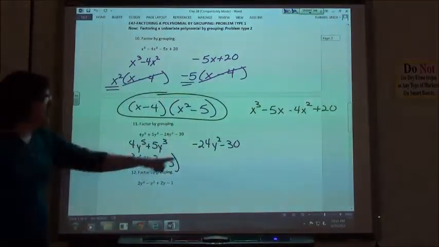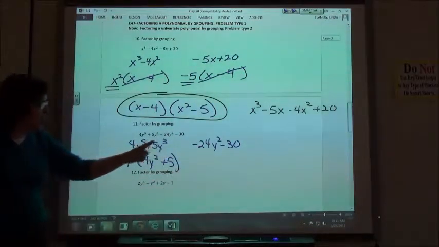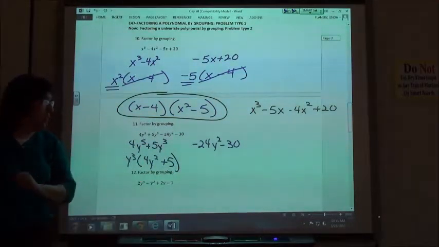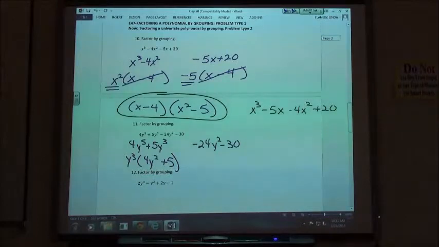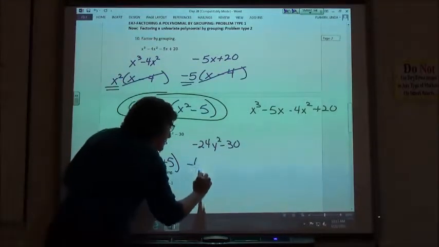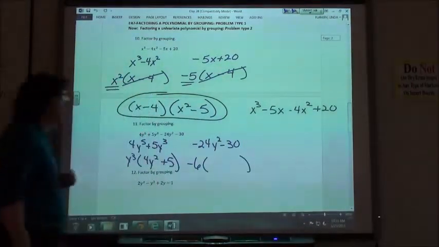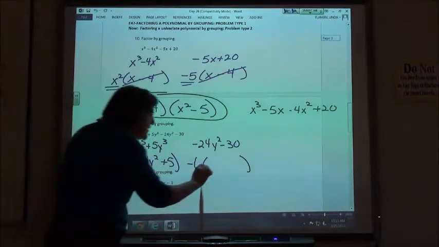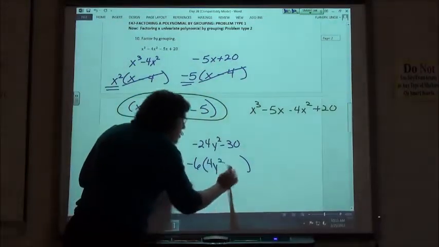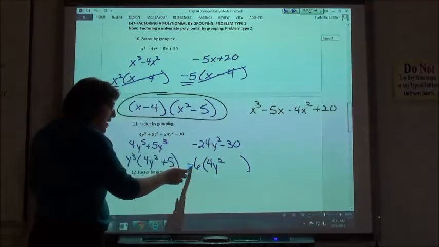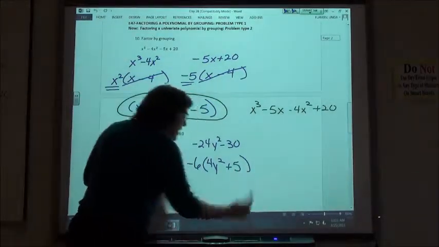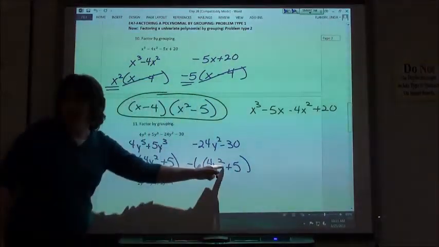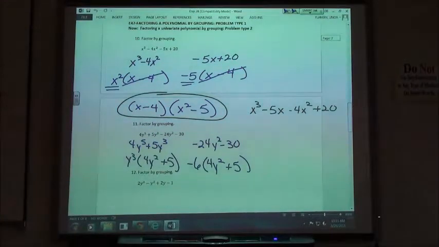So what do I have to divide negative 24y squared by to get a positive 4y squared? Negative 6. So negative 24y squared divided by negative 6 is positive 4y squared. Negative 30 divided by negative 6 is positive 5. Those two things match up, so we know we're on the right track.